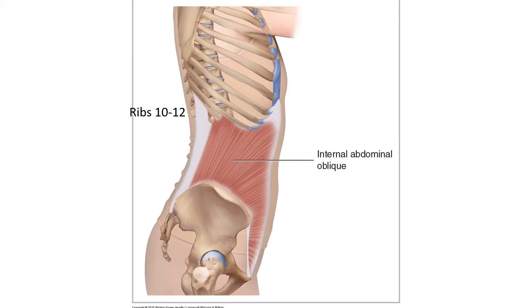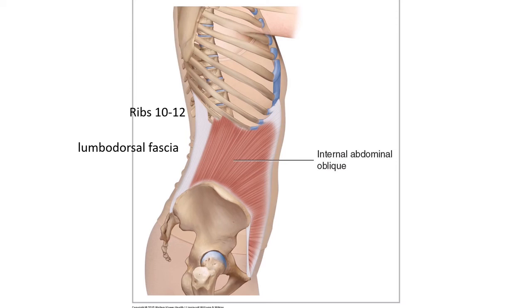Then it is going to take origin from the lumbo-dorsal fascia, which is extending from the lumbar region, the white structure you see to your left, while the external oblique was having a free edge.